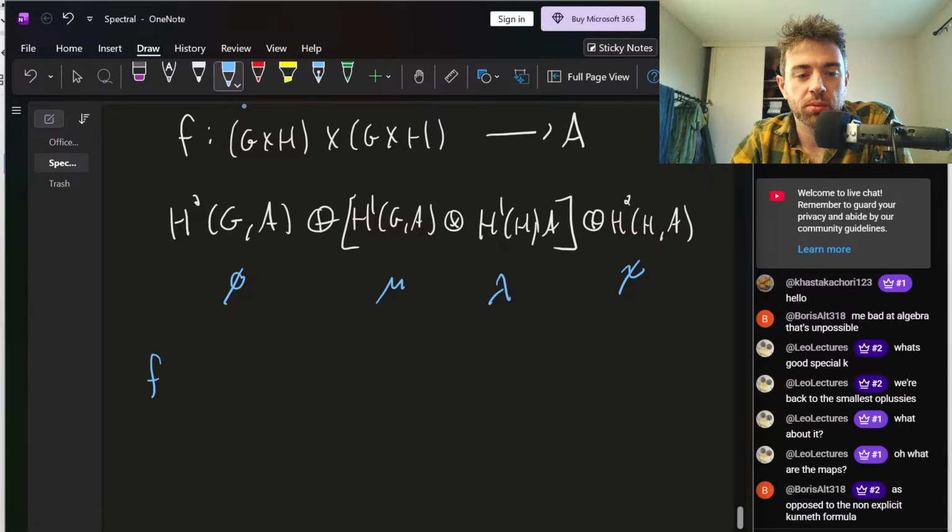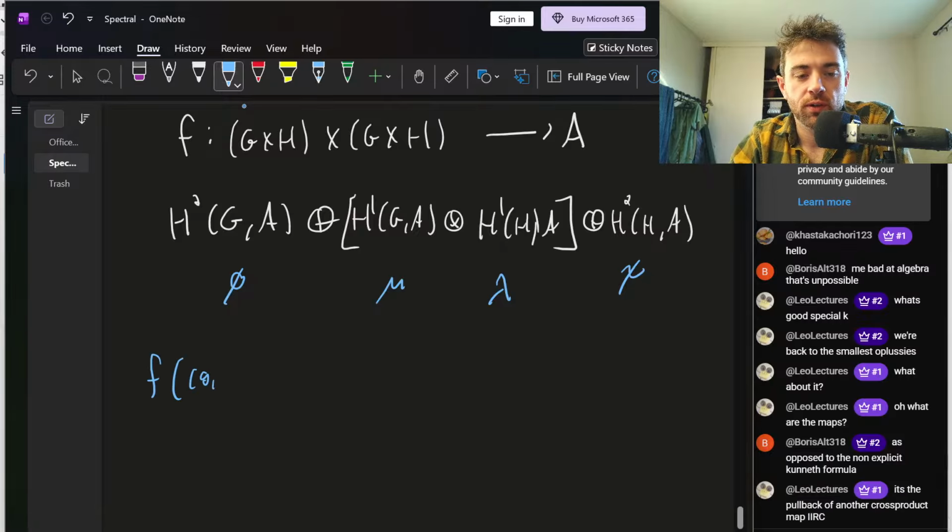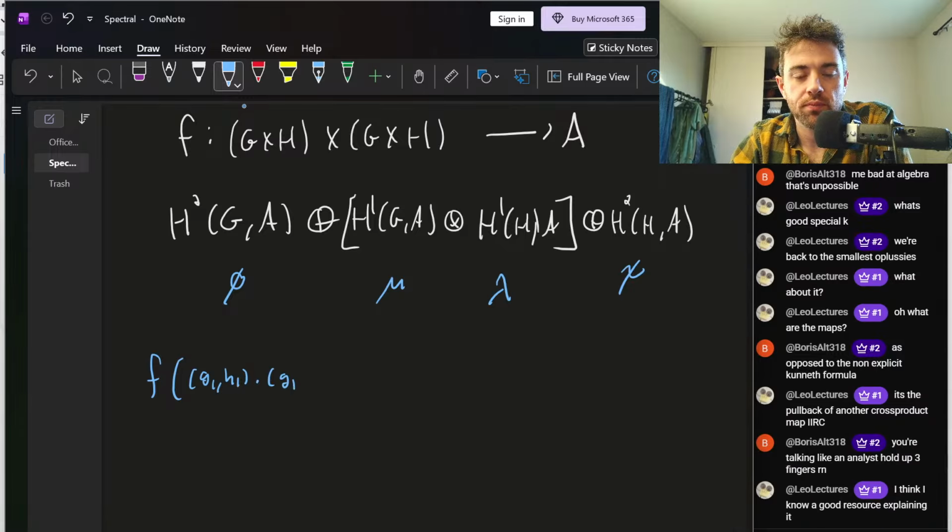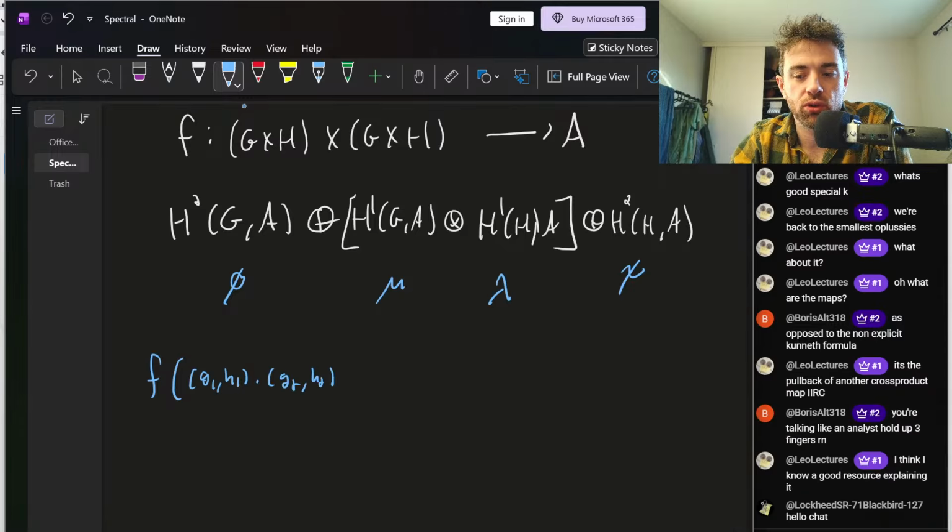So I should be able to take this function f that takes a pair (G1, H1) and (G2, H2). If you think you know a good resource explaining it, then please share. Now I'm wondering, how am I supposed to decompose this function?